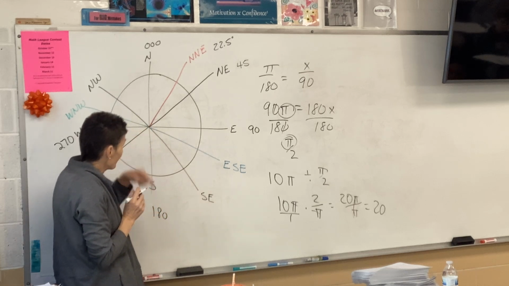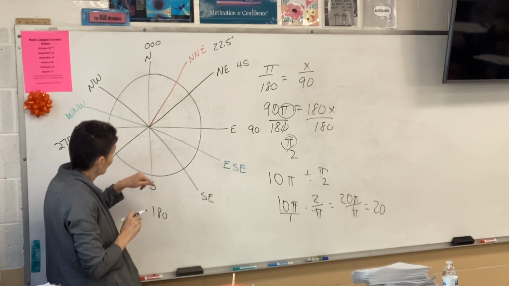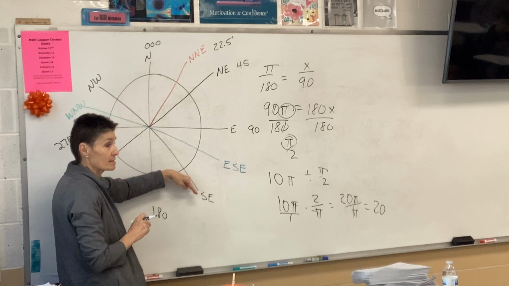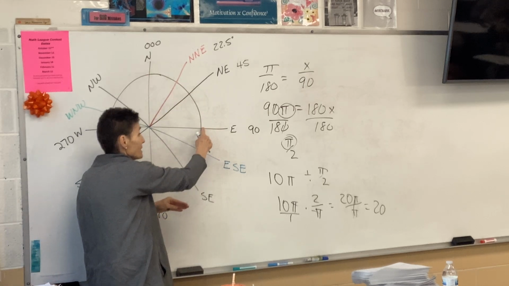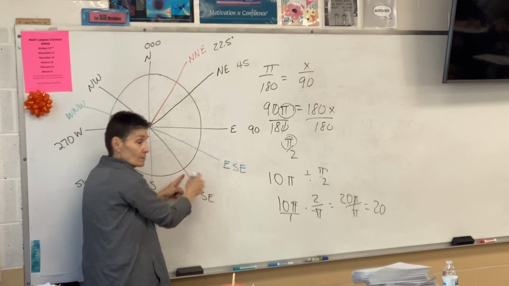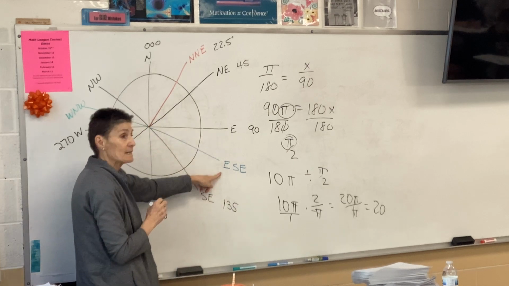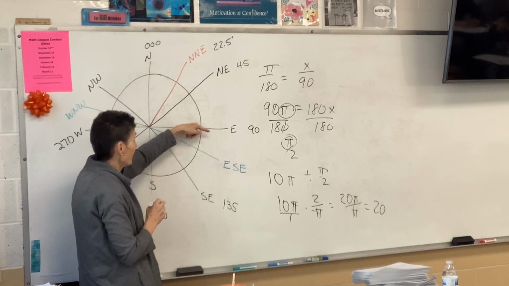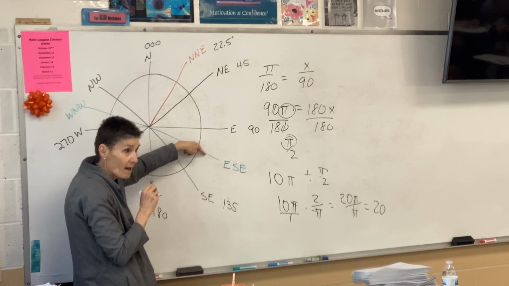All right, let's come down here and do a couple of these. We're not going to do all of them, but we'll do a couple of them. Let's do southeast. Now remember, southeast split this quadrant. So this was 90, and then another 45. So 135 here. What about east-southeast? It was 90, and then how much more? 22 and a half.